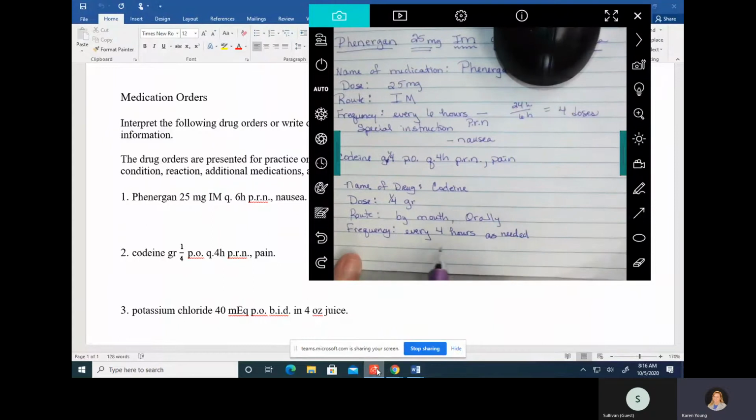And I could also say if it's every 4 hours, there's no more than 6 doses in a day, right? And then the special instructions is for pain.